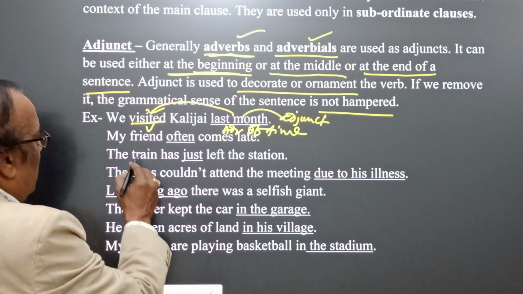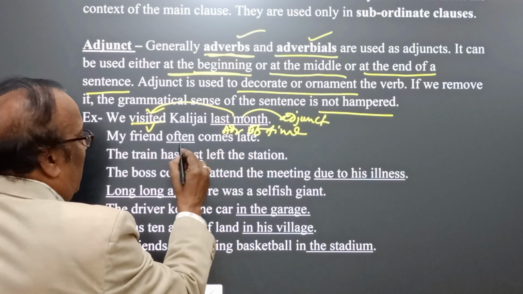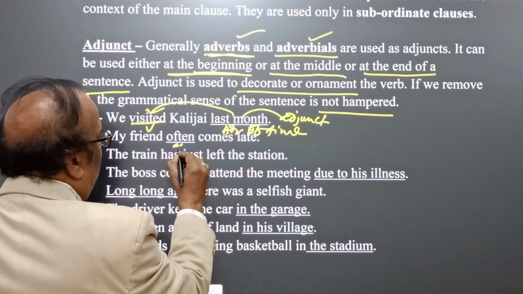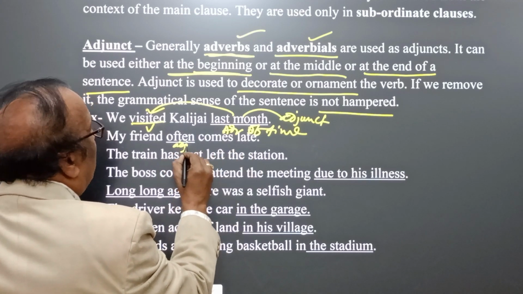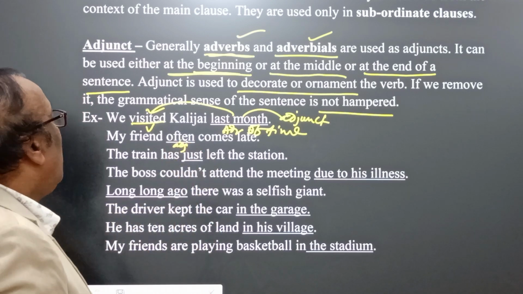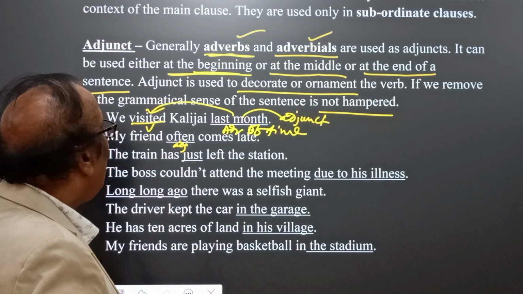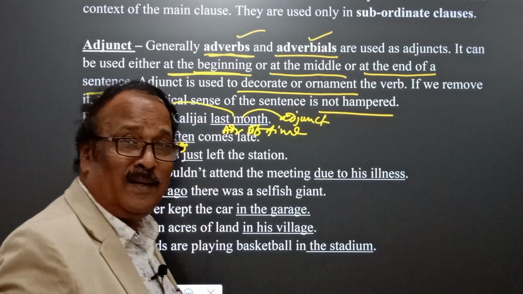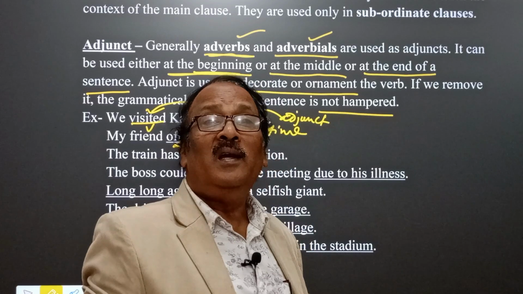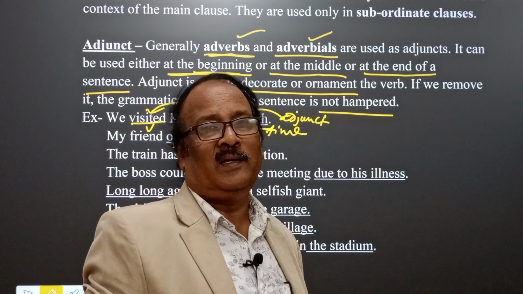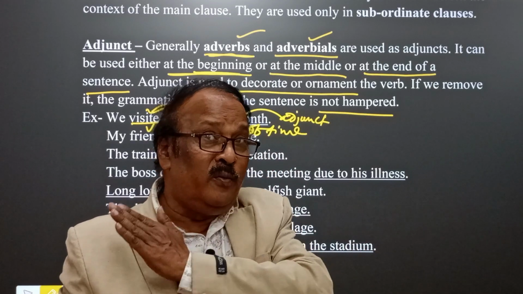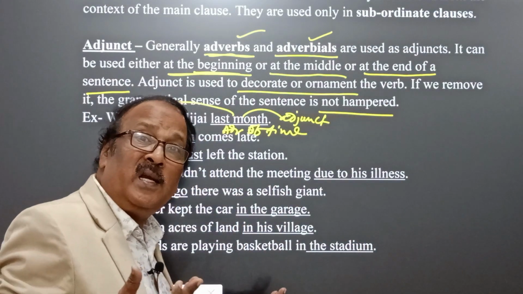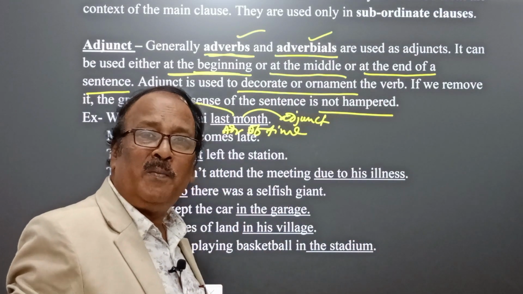Therefore, come to the next. My friend often comes late. Here often is the adjunct, and often is an adverb of time. My friend often comes late. If we remove it, then my friend comes late. Here, if we remove often, then the sentence structure will not be disturbed.